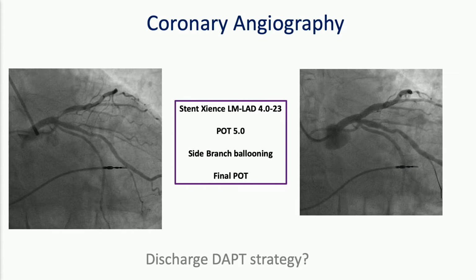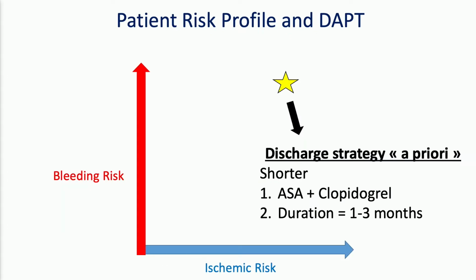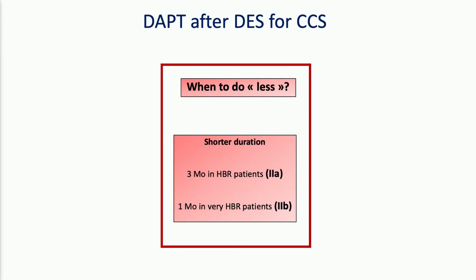And as you can see, we had, again, a PCI with the left main. Of course, in this specific patient, he had a much higher bleeding risk, but still a high ischemic risk of bleeding complication. So accordingly, we decided to give less and to give 3 months of DAPT for this patient.